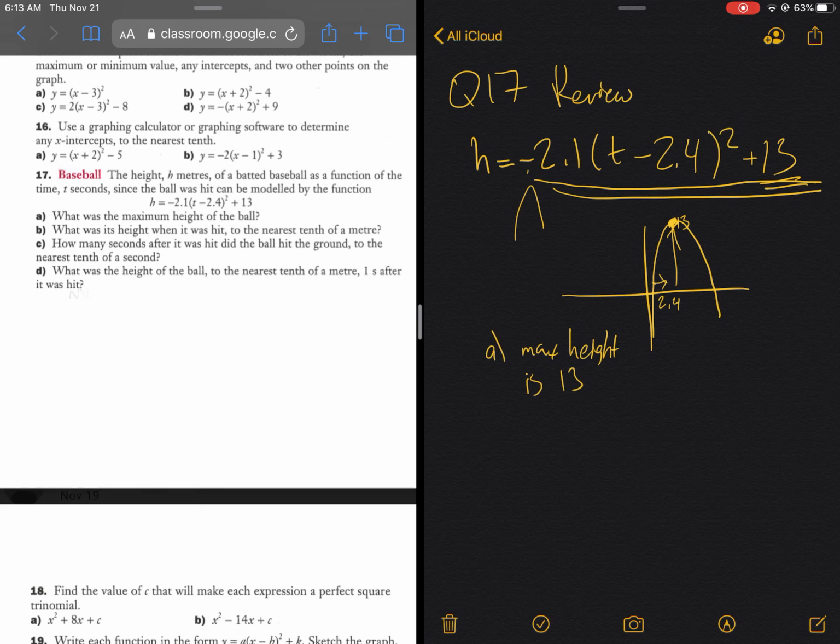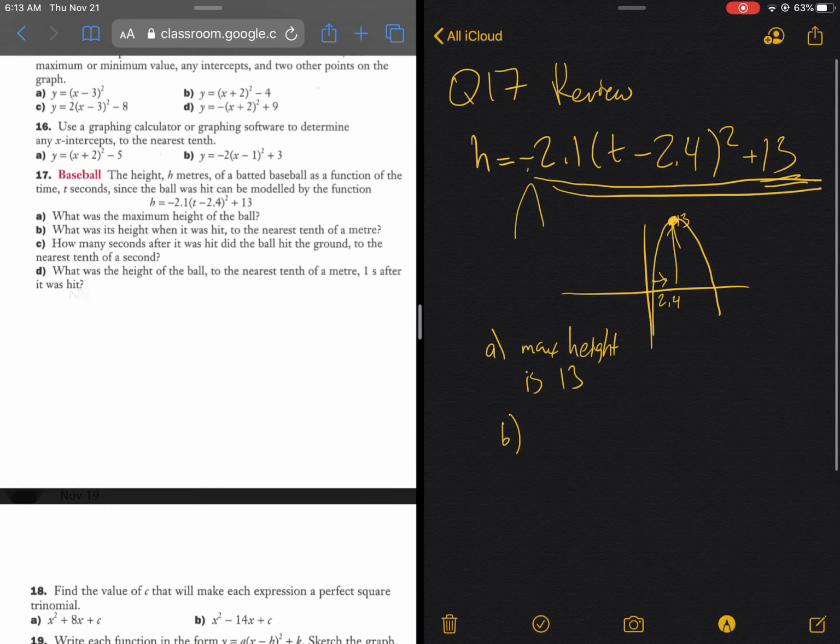B, what was its height when it was hit, to the nearest tenth? Okay, what does that mean? When it was hit, what was the height? So when t equals 0, that's at the beginning of time.